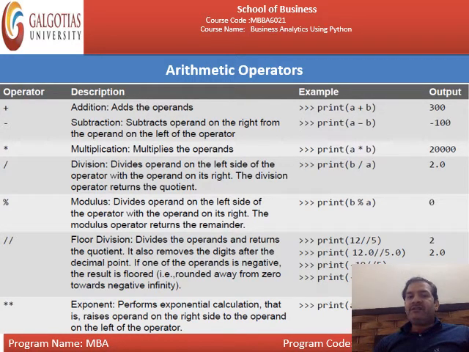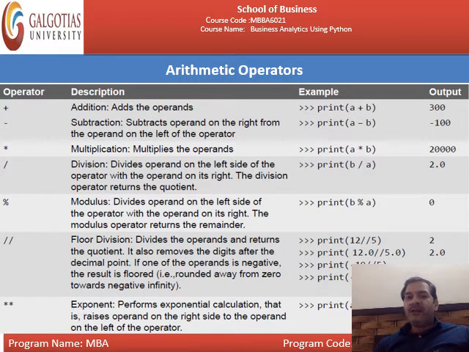Okay. This is all about the floor division. You should know this one. Print 12 double slash 5, or you can say 12 divided by 5. This is what you may call the floor division, and it will return the quotient. For example, when you divide 12 by 5, the quotient will be 2, because 5 multiplied by 2 is 10. The remainder will be 2, but we are not talking about the remainder over here.